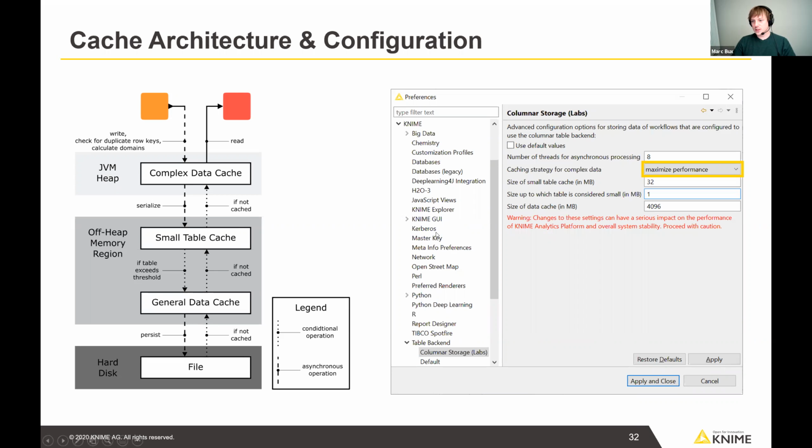So even if you set this to maximize performance, you will only experience heap pressure, garbage collection pressure, when you're working with a lot more data than previously. But the reason why the default setting here is minimize memory footprint is exactly that we want to reduce garbage collection pressure, and we want to be careful about this. And that's why setting this to maximize performance is not the default.